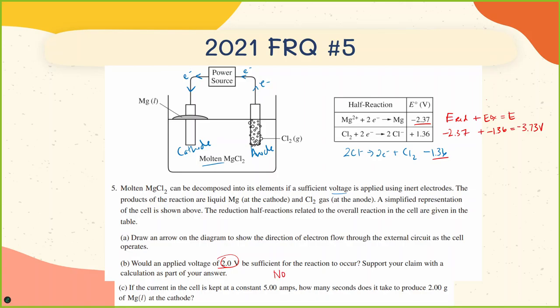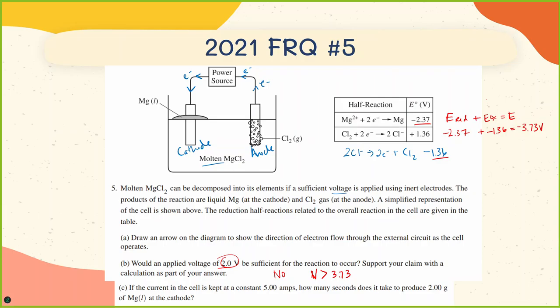The voltage must be greater than the 3.70 in order to overcome the non-favorable E cell.